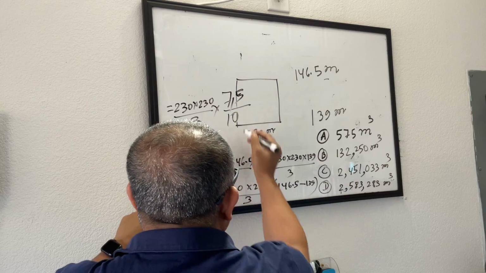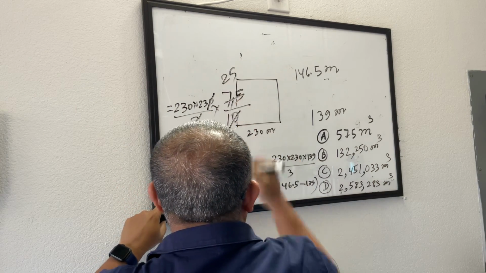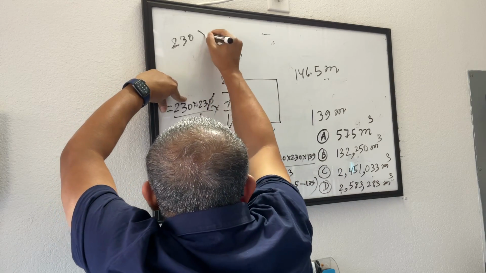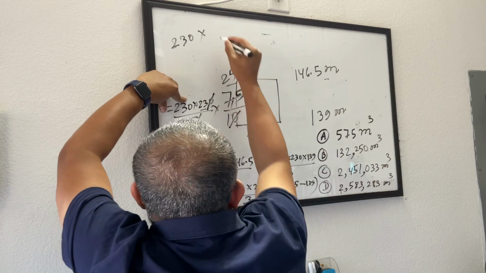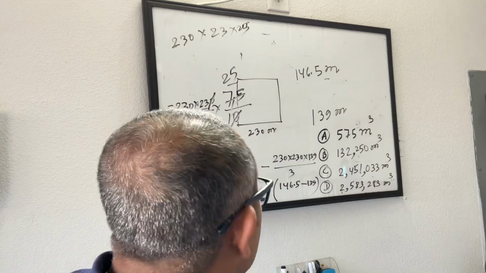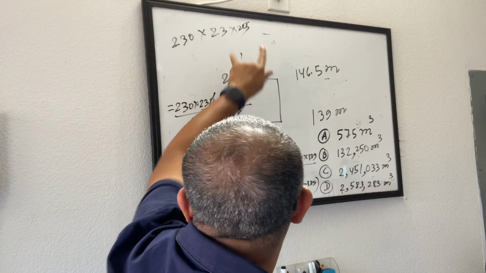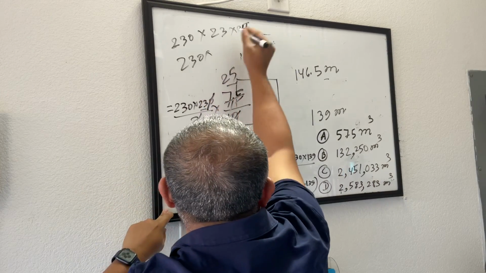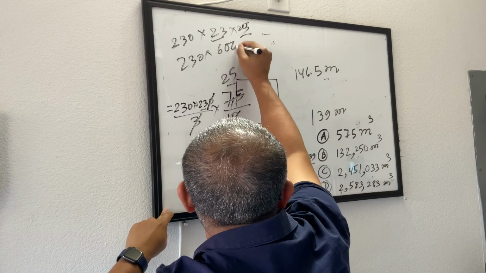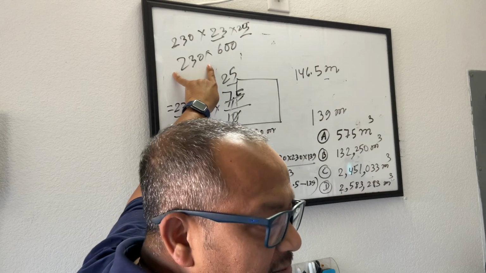I can knock off the 10 and 10, so 7.5 by 3 is 2.5, and I get 230 into 23 into 25. 25 into 23 will be somewhere around 600. 25 times 25 is 625, let's say 600. So when I'm looking at this kind of a thing, I can get a six-digit number, but I cannot get a million.